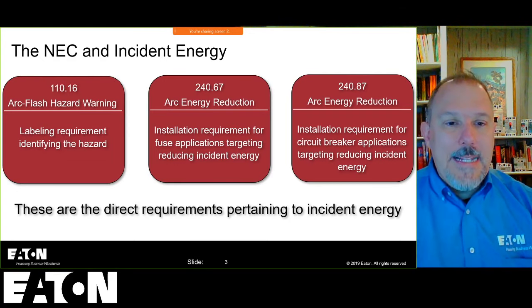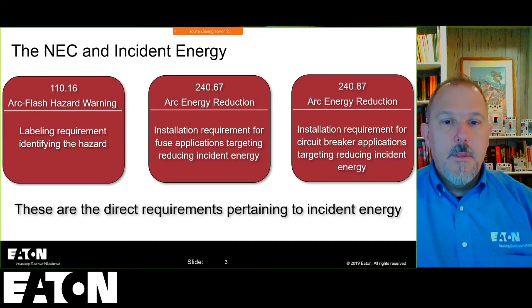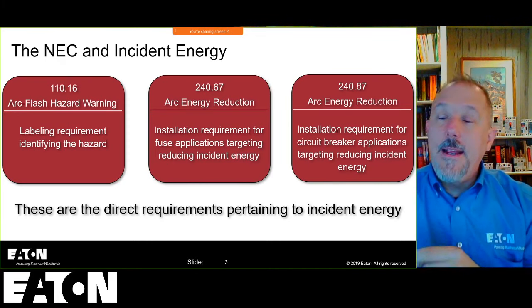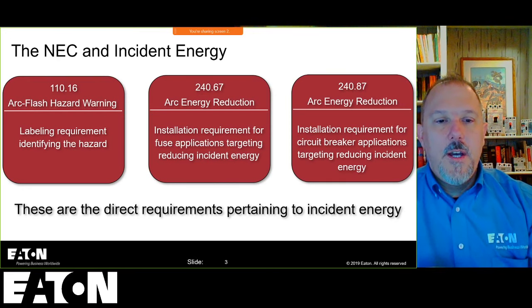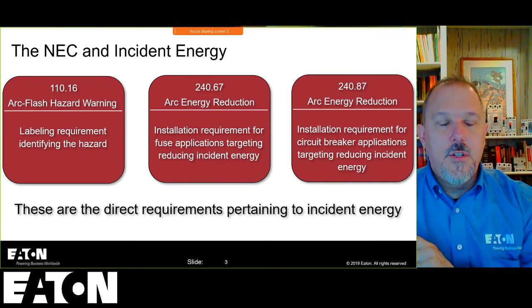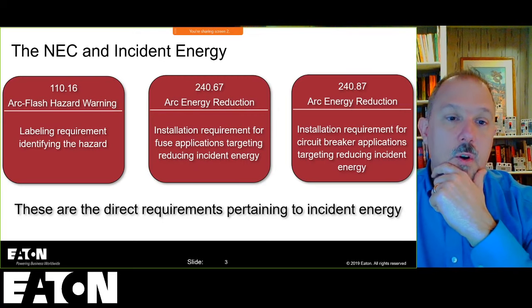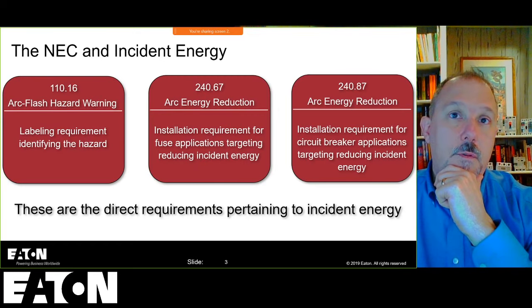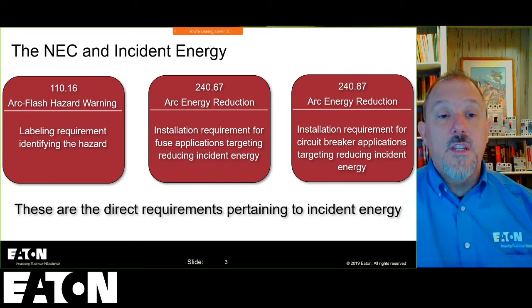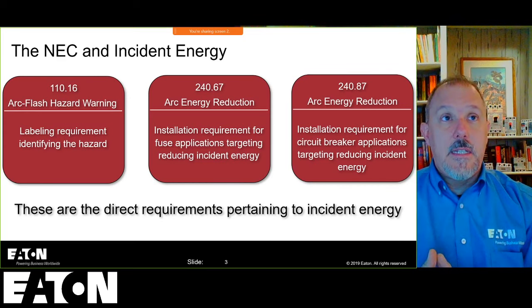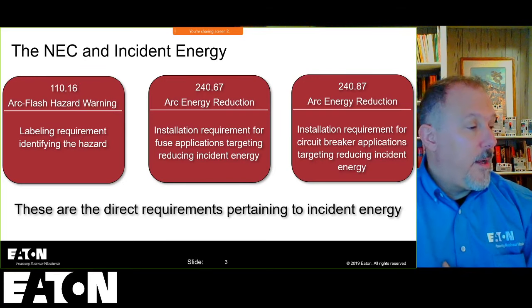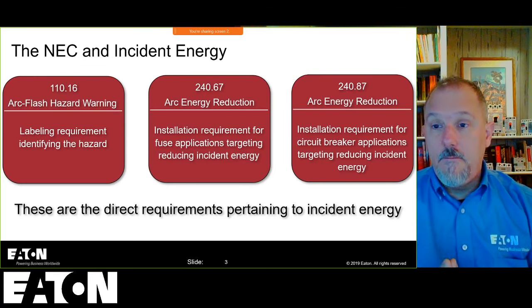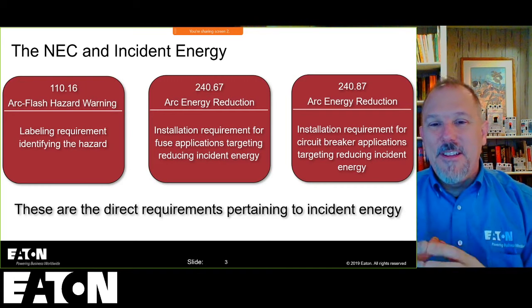240.67 and 240.87, arguably, and I say arguably because this is a good discussion point. What I used to say was that 240.87 was the first requirement in the NEC to address arc flash reduction. And I was wrong. Someone pointed that out to me in a class, and they did it really nicely.